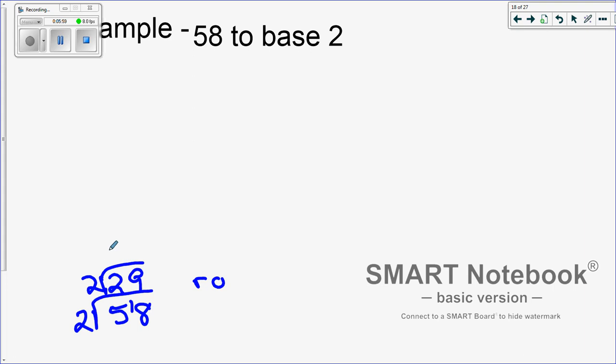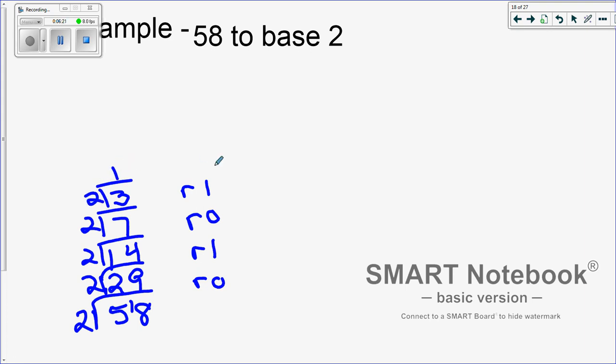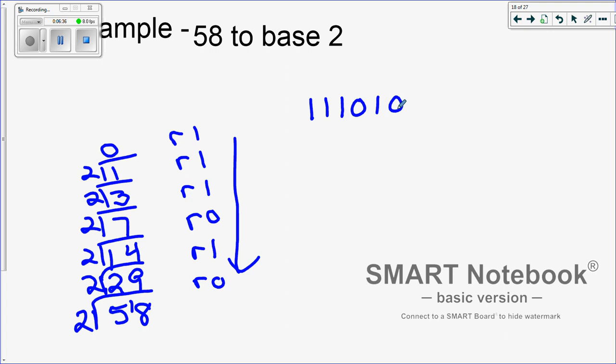Okay, 2 goes into 29 14 times with a remainder of 1. 2 goes into 14 7 times, remainder 0. 2 goes into 7 3 times with a remainder of 1. 2 goes into 3 1 time with a remainder of 1. 2 goes into 1 0 times, remainder 1. And then you always read down. So my answer here would be 1 1 1 0 1 0.